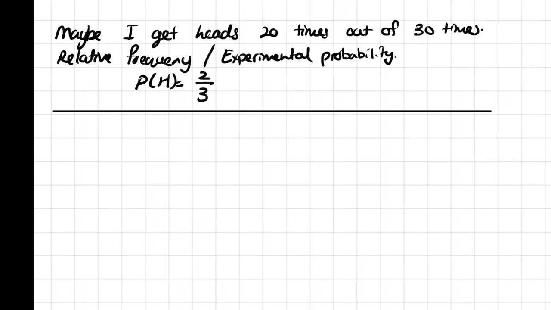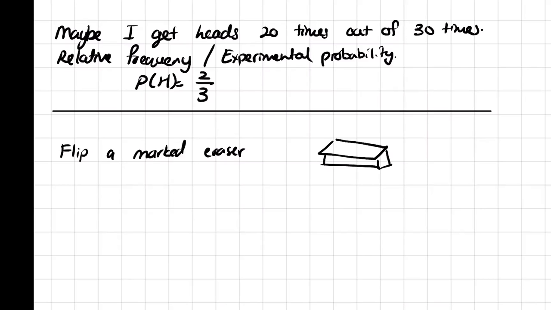So for example, let's say I take an eraser. Maybe the eraser looks like this. A marked eraser means that one side is marked, the other side is not. So let's say I mark this side here like that. And then I start to flip the marked eraser.